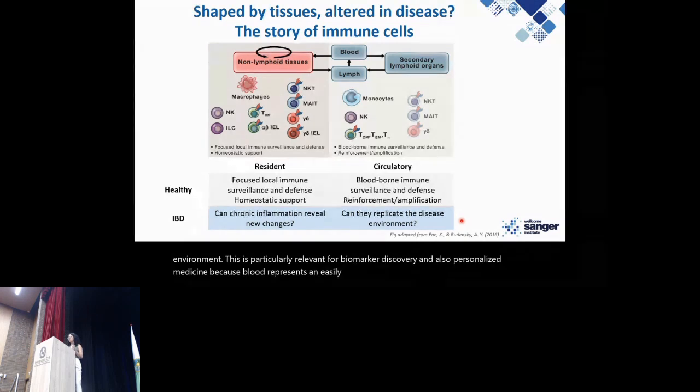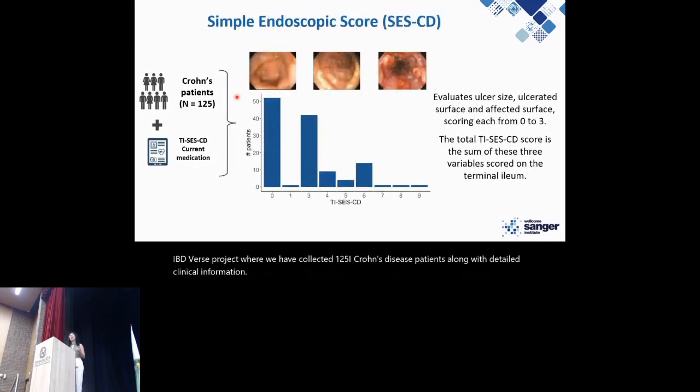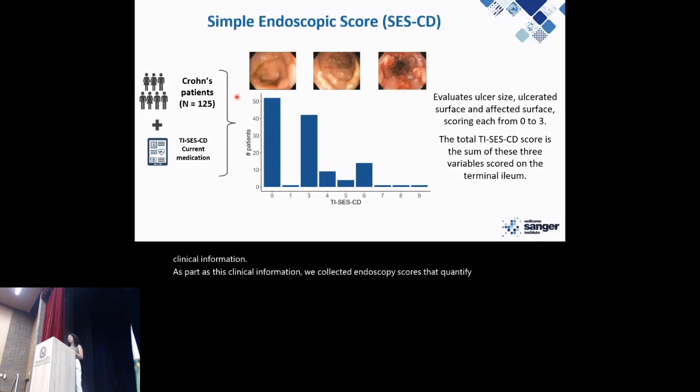So to really answer these questions, we turn to our IBD Verse project, where we have collected 125 Crohn's disease patients, along with detailed clinical information. As part of this clinical information, we collected endoscopy scores that quantify the inflammation at the terminal ileum.